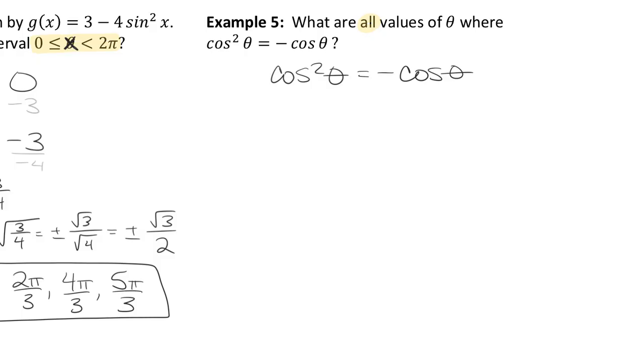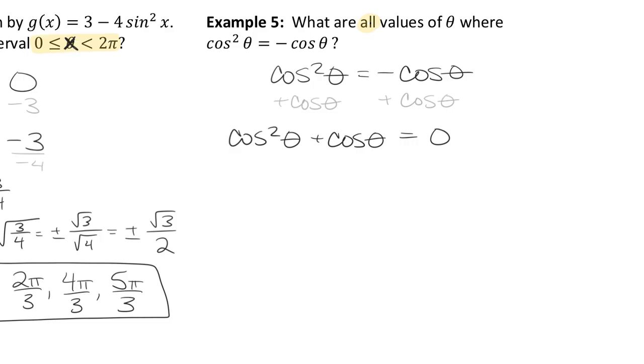So what I'm going to do is add cosine of theta onto both sides. Now, cosine squared of theta and cosine of theta are not the same, so you cannot combine them. This becomes cosine squared of theta plus cosine of theta equal to 0. I just picked up the negative cosine, dropped it on the other side.